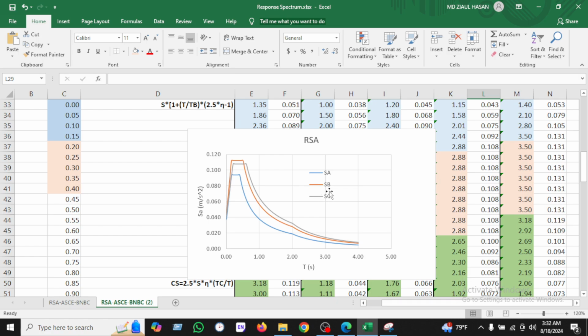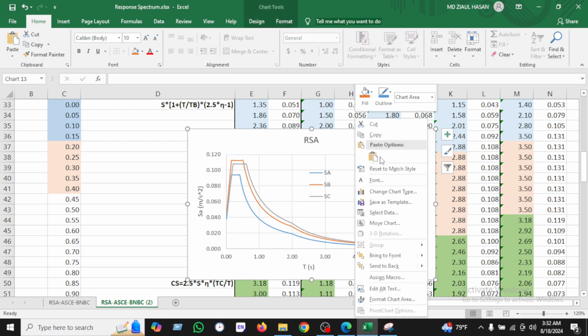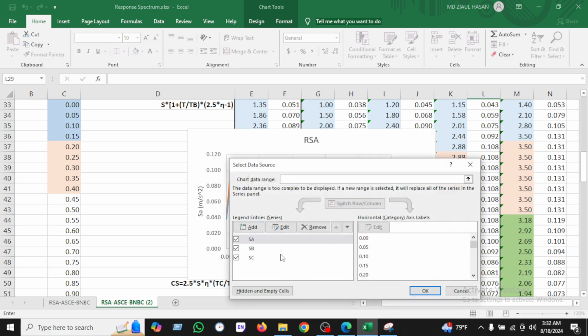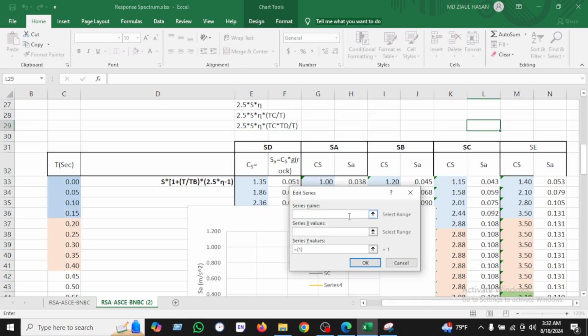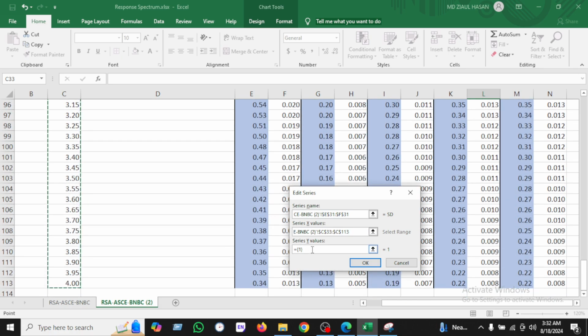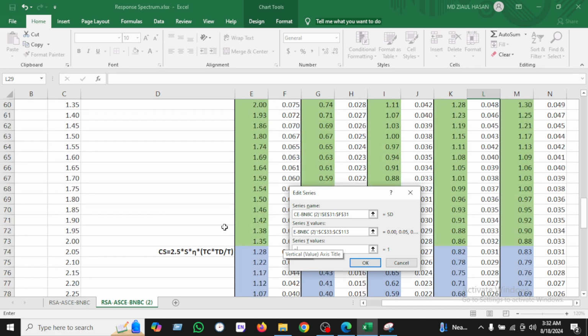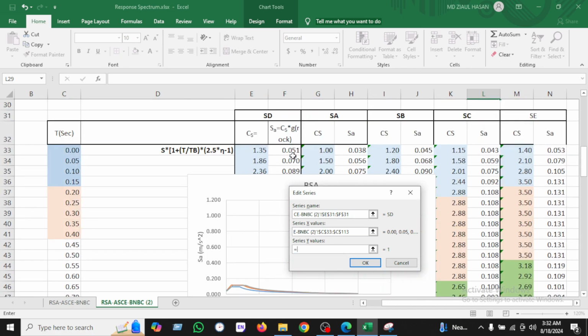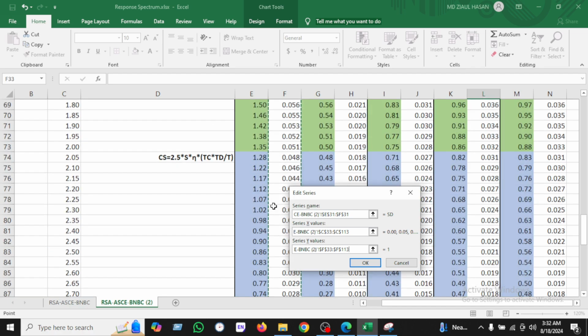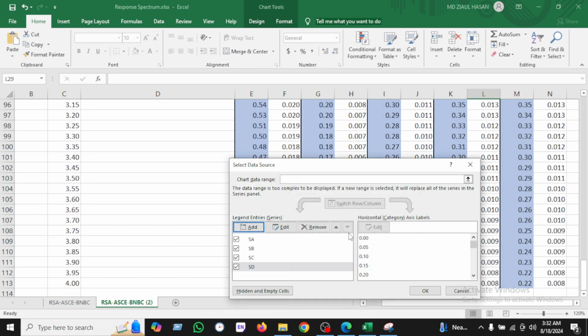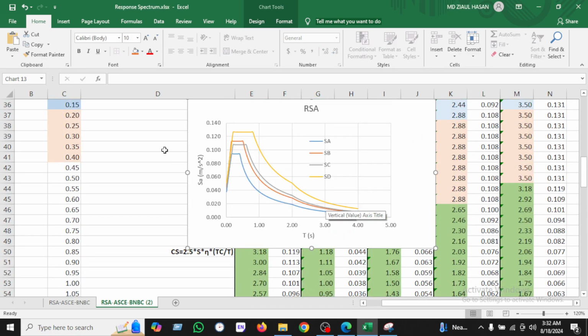Okay, this is SC. In the same way, we will input SD here, and the x value is time period up to 4 seconds, and the y value will be the spectral acceleration. Okay, we have done SD.